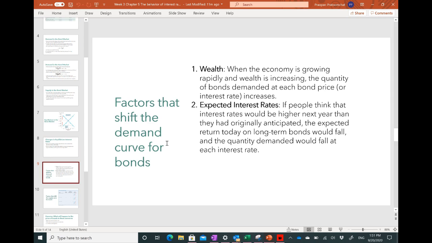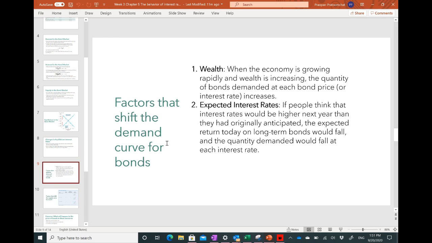The second factor, I think the textbook might say expected return, but I would like to use this term, expected interest rate, because it starts from there. When people think that interest rate would be higher next year than they had originally anticipated, the expected return today on the long-term bond would fall.